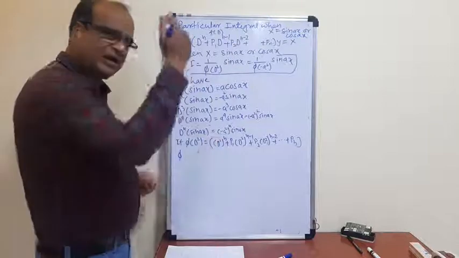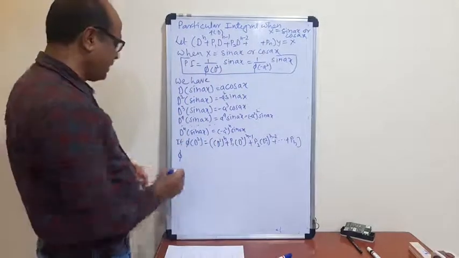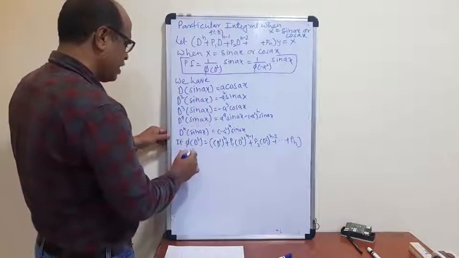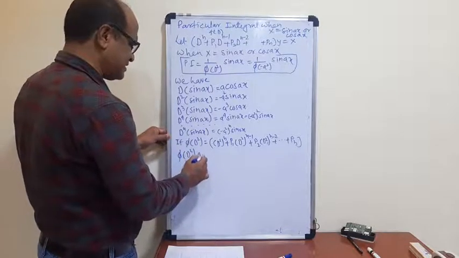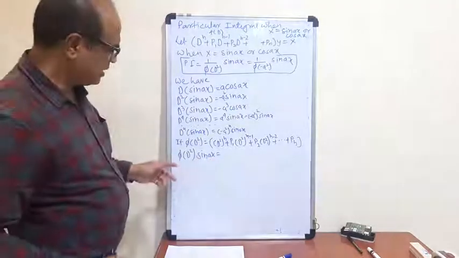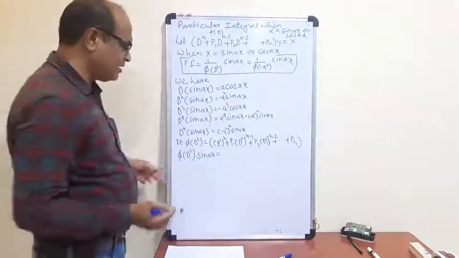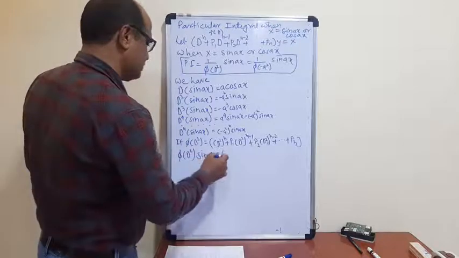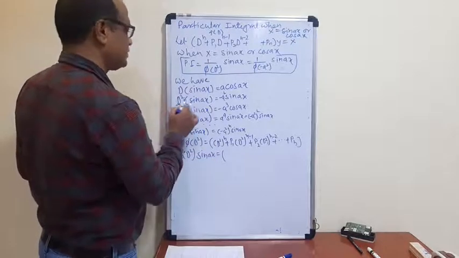So phi of d square is a derivative operator. Let that operator phi of d square operate on sin x. What is d square? D square is minus a square.